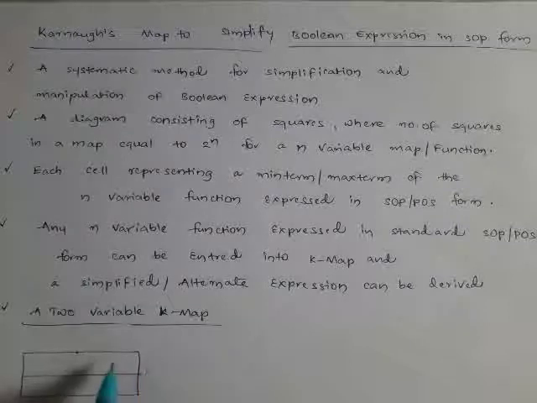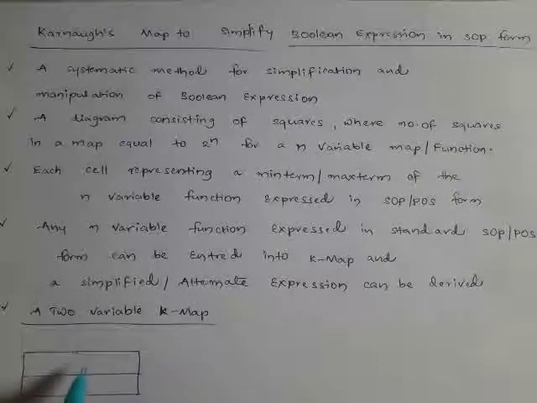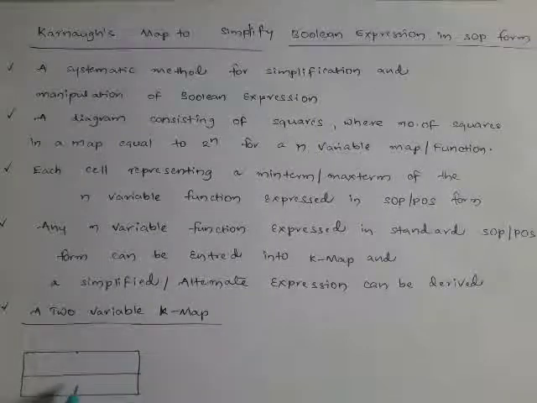The 2 variable K-map can be used to represent and to simplify a 2 variable Boolean expression.